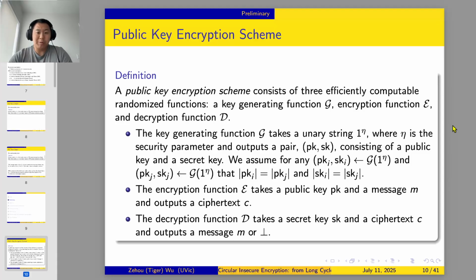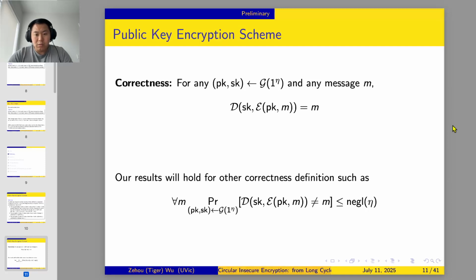A public key encryption scheme consists of three efficient functions: keygen function G, encryption function E, and decryption function D. For the simplicity of our work, we will just assume full correctness, which is, given PK and SK, when we decrypt the ciphertext created from M encrypted under PK using SK, we get M. But our results hold with other common correctness definitions, such as correctness for all messages but only for overwhelmingly many choices of the key pairs.